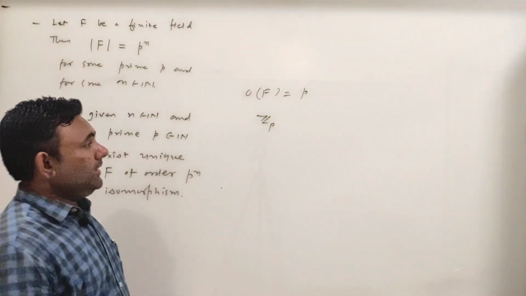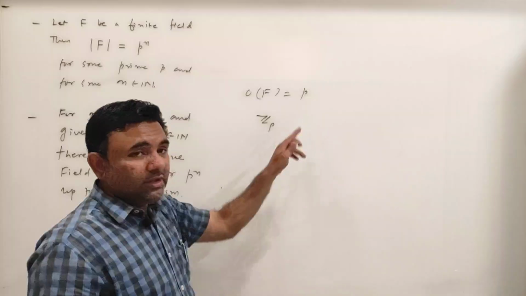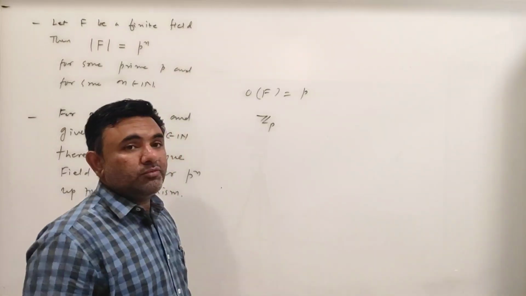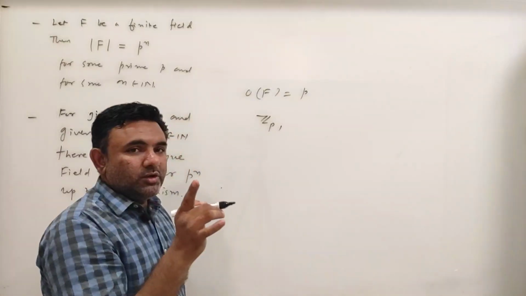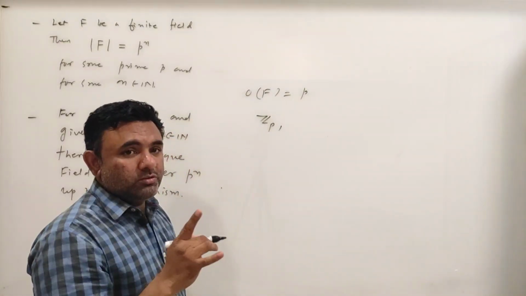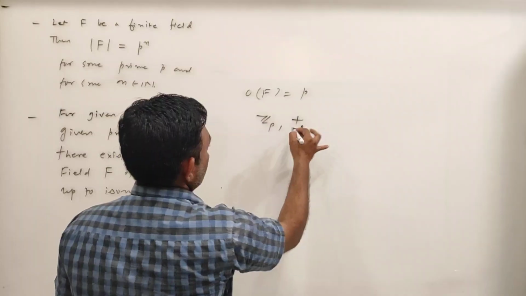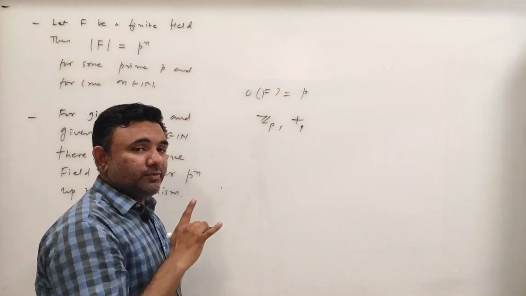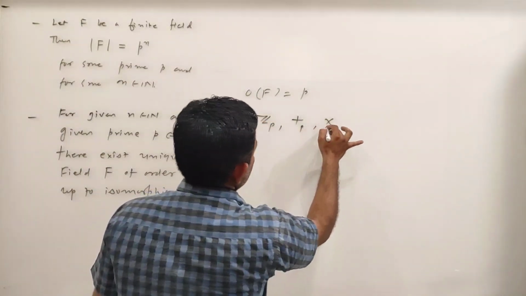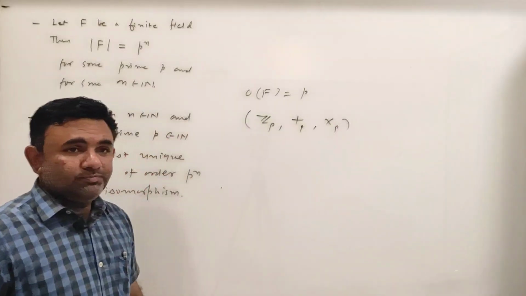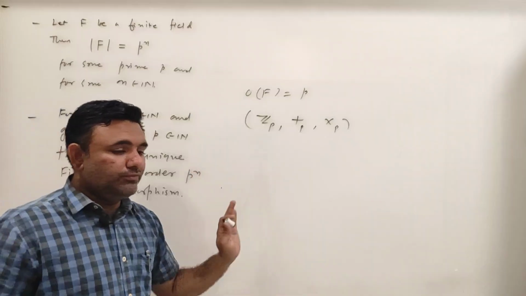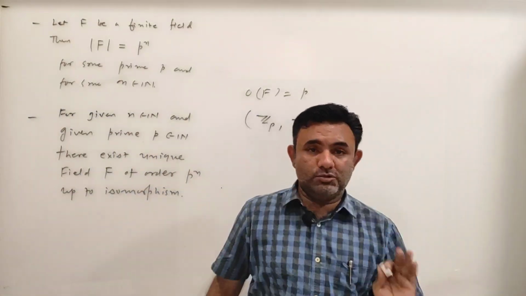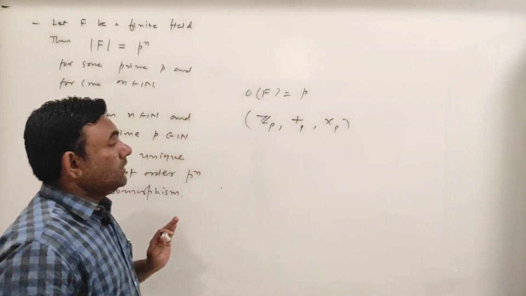So if you consider any field of order p, then it must be isomorphic to Zp. जब हम Zp को, Zp is a group also, Zp with addition modulo p is a group, but when we talk about it as a field, then there is one more operation, that is multiplication modulo p also, right? But this is the only field of order p up to isomorphism, right?